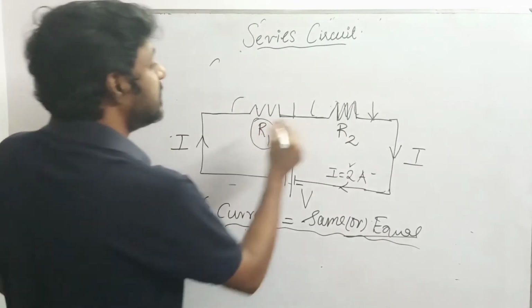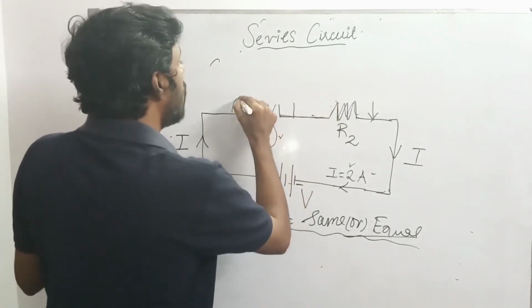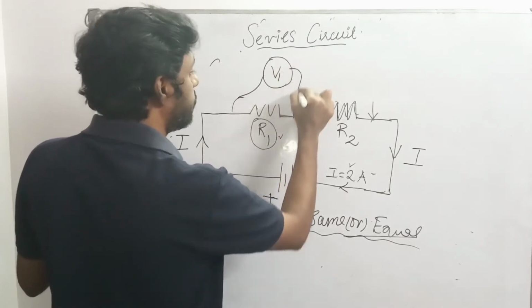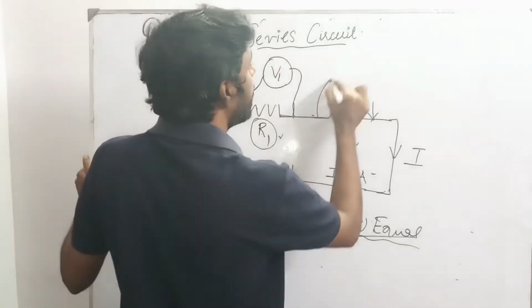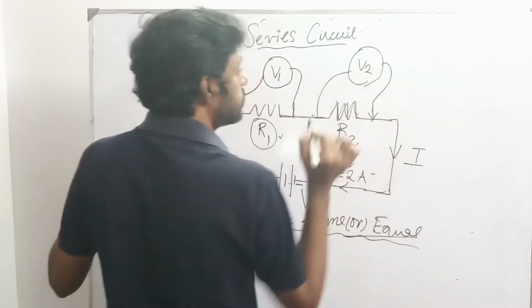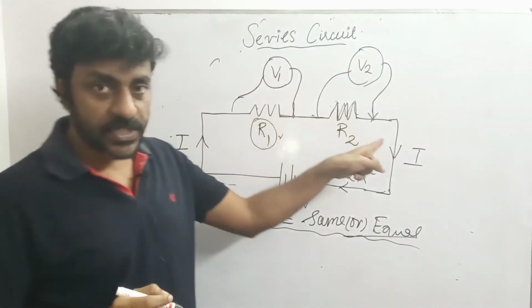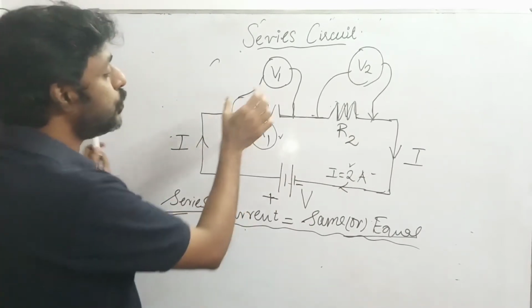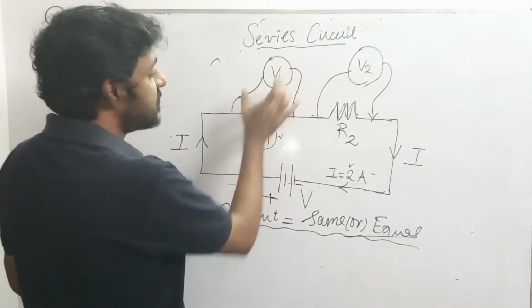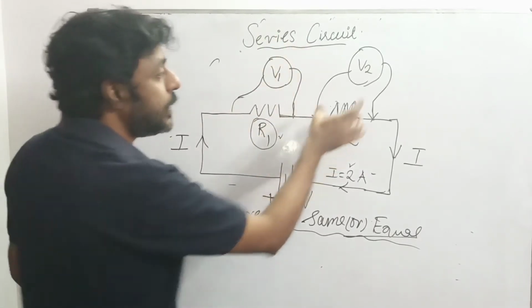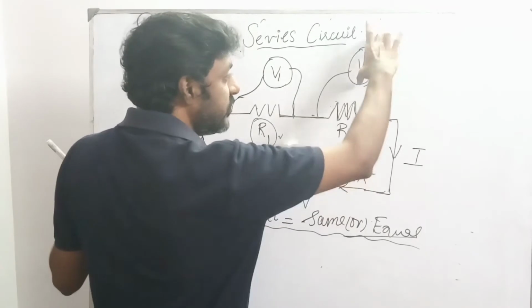So this is a resistor. Now I am connecting a voltmeter V1. Again I am connecting another voltmeter, that is V2, across the resistors. It is very important that while connecting, you need to connect the voltmeter across the resistor.